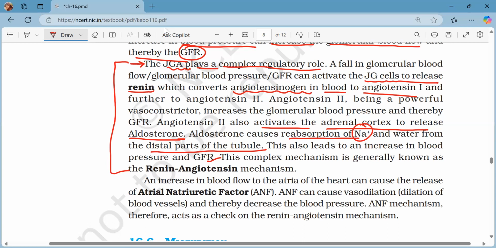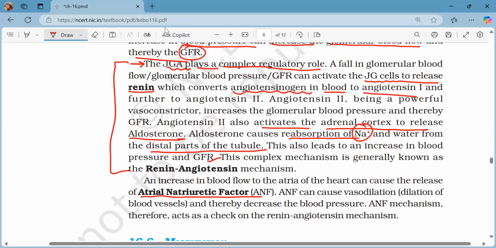Okay. Now, an increase in the blood flow to the atria of the heart can cause the release of the ANF, that is atrial natriuretic factor. When the blood flow is increased a lot, that is also bad because it has to be in a proper manner.